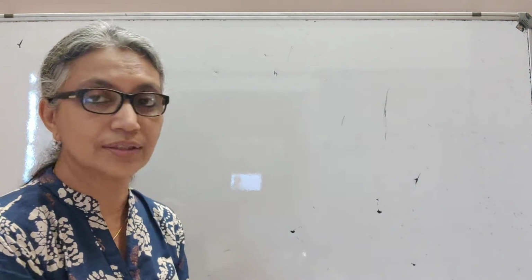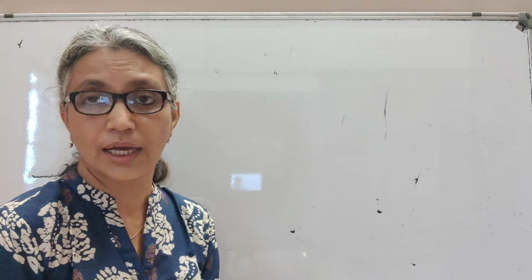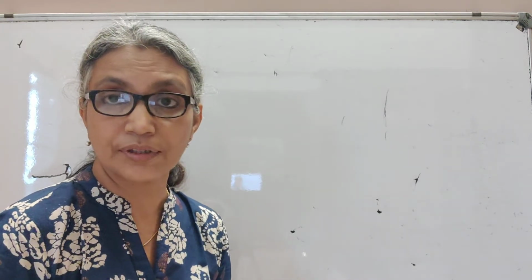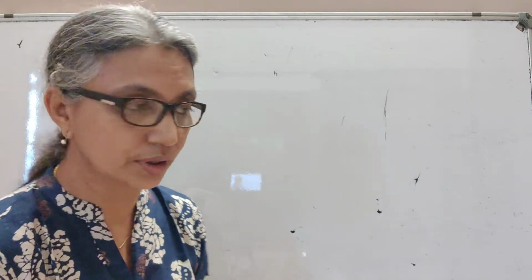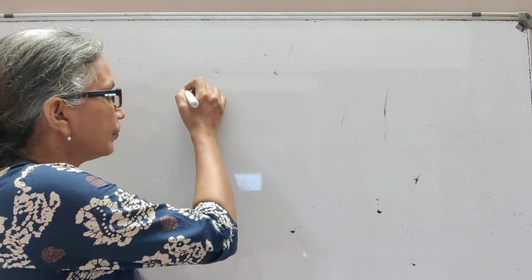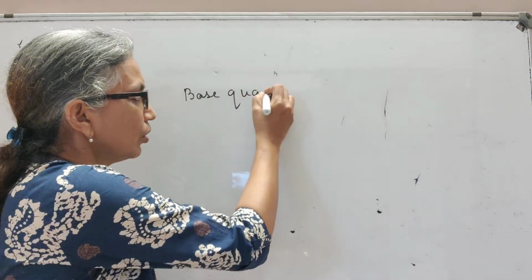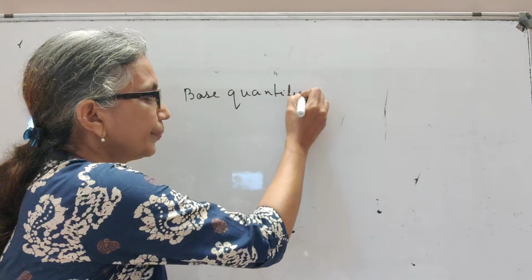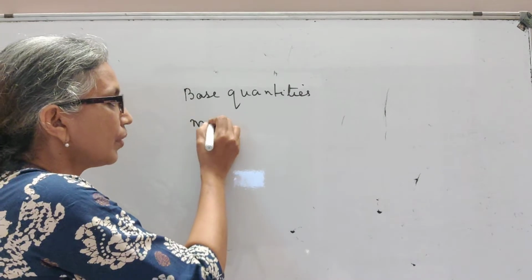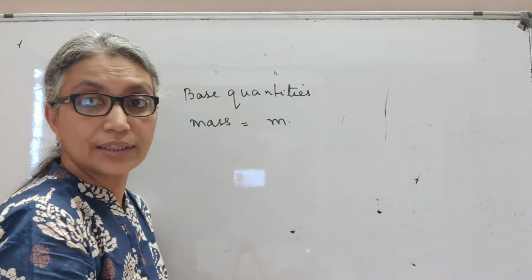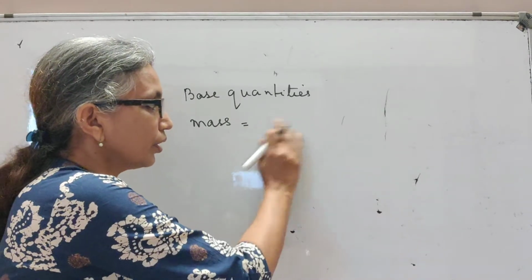You know there are base or fundamental physical quantities and also derived physical quantities. There are 7 base or fundamental physical quantities, which, as you know, are: first we have mass, which has an SI unit of kilogram.